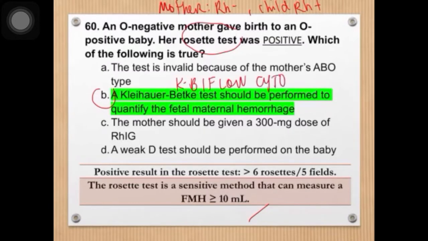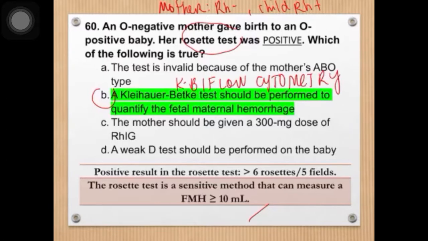Una po muna, hindi po kagad magbibigay ng RhoGAM. Magpo-perform po ng qualitative test for fetal-maternal bleed. Ano po yun? Rosette. Kapag positive ang Rosette, tsaka po magpo-perform ng quantitative test, Kleihauer-Betke at flow cytometry para makapag-compute po tayo ng number ng RhoGAM vials.